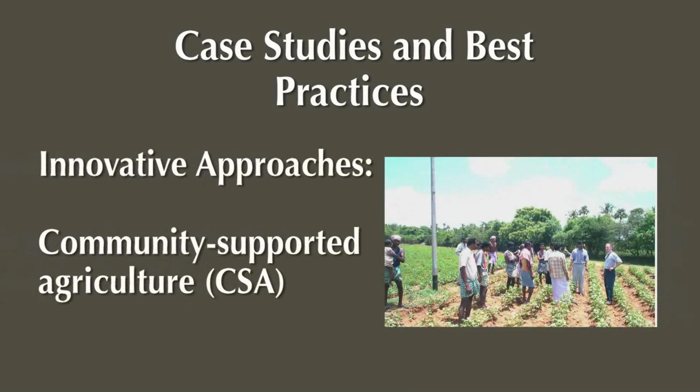Again, the administration can take initiatives to support and promote community supported agriculture, which also increases availability of food to the needy people. So these are some of the case studies and best practices.